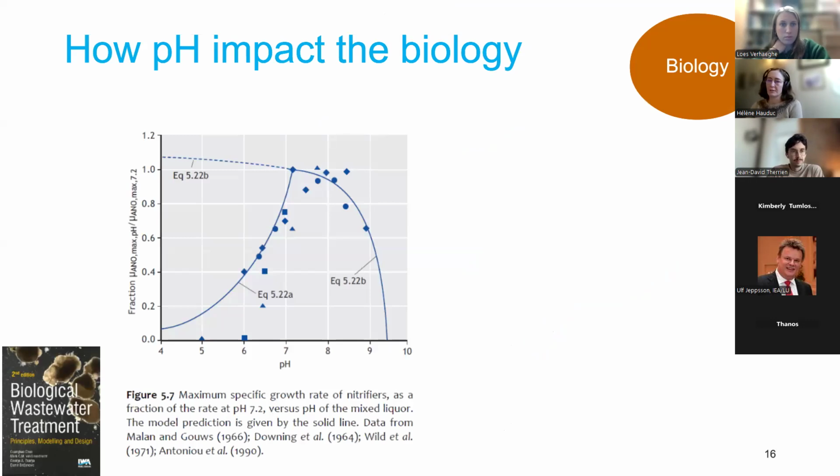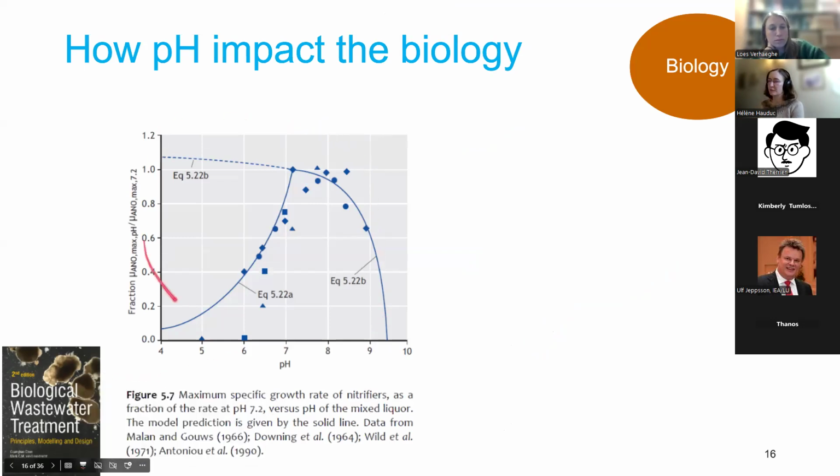You may know that some organisms are sensitive to the pH. As an illustration, here is a graph, coming from this book, which is also open source and a great source of information for our field.